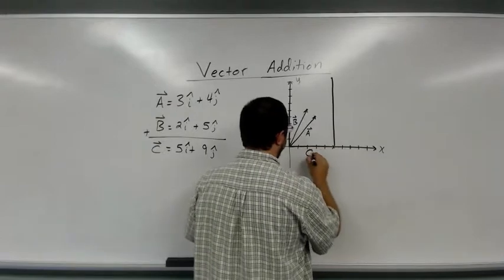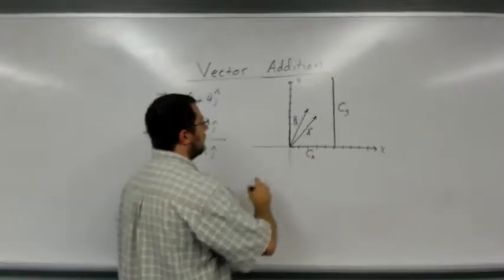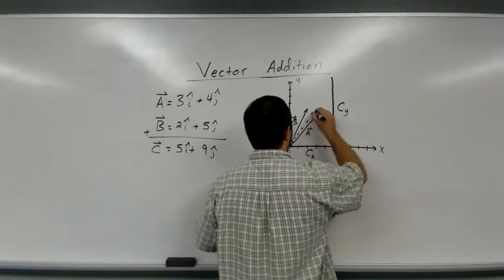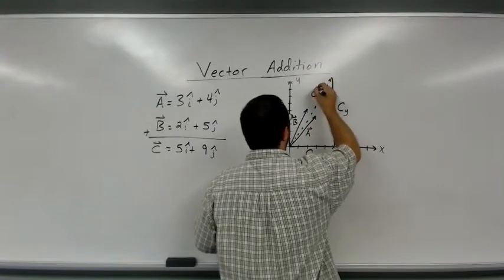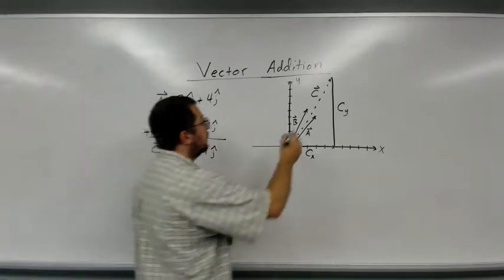So this is Cx, this is Cy, and I'm going to draw a dotted line here. That is C, that new dotted vector.